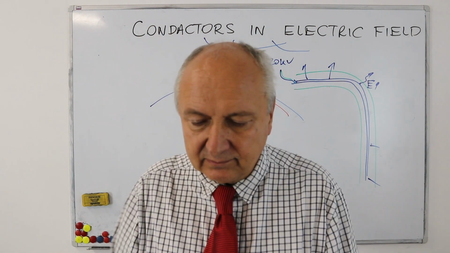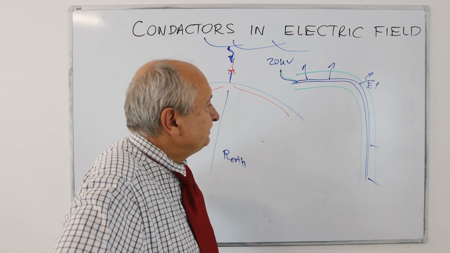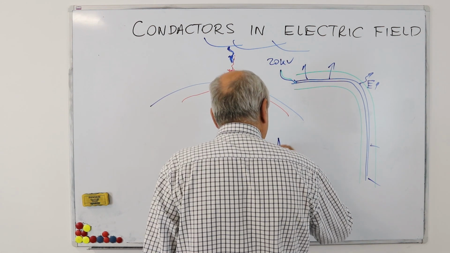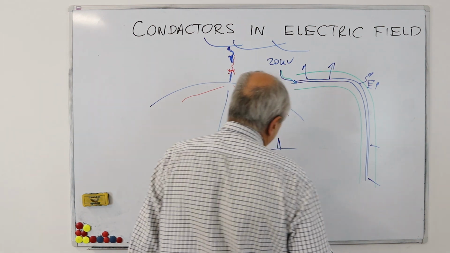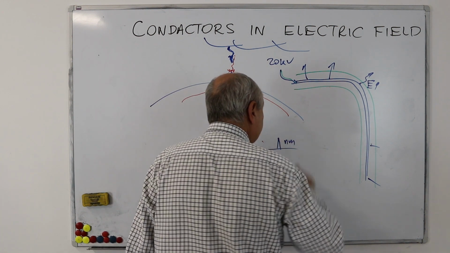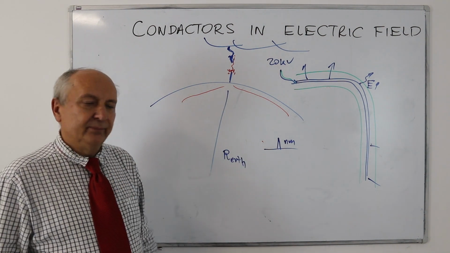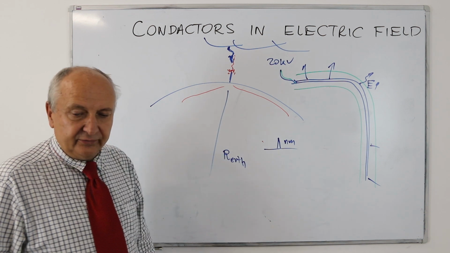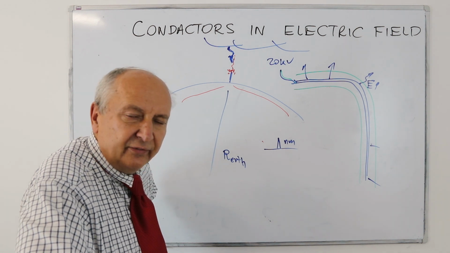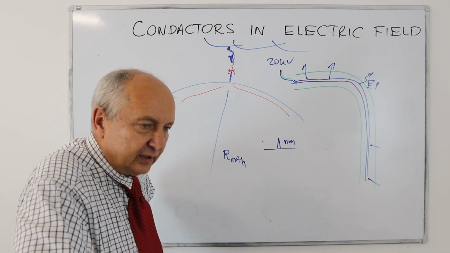And the last case, if we have a very narrow peak of conductor in the range of nanometers. When we have so small a peak of conductor, we see a very strange effect.